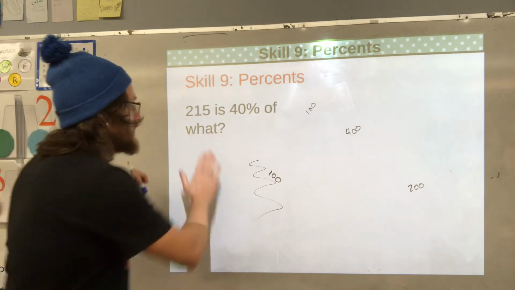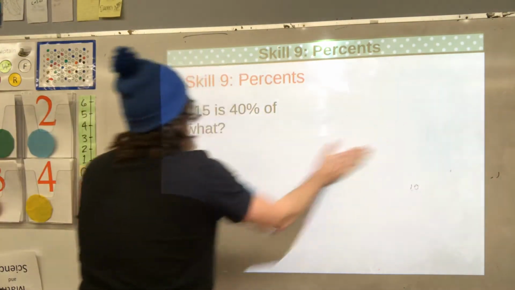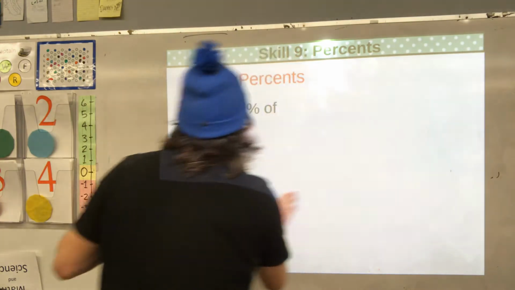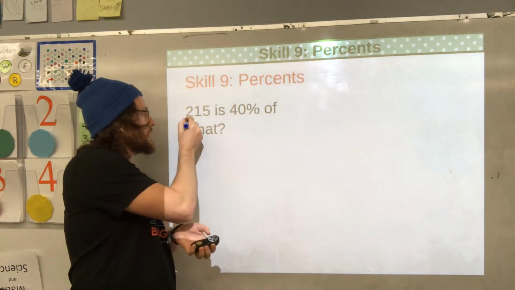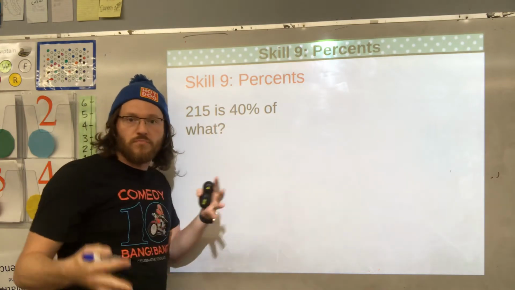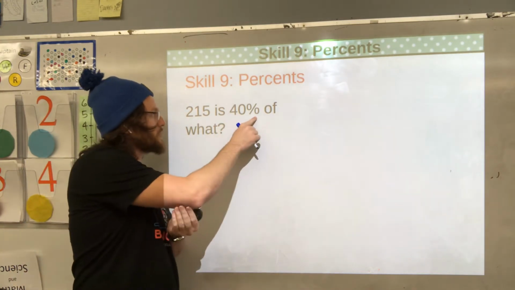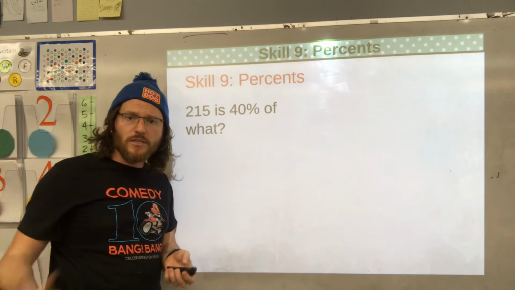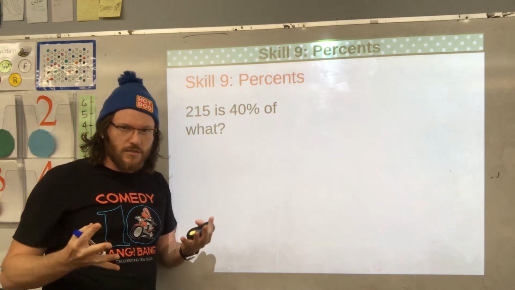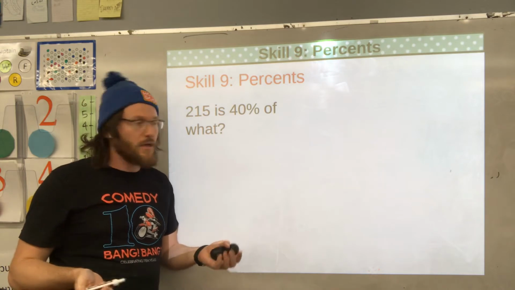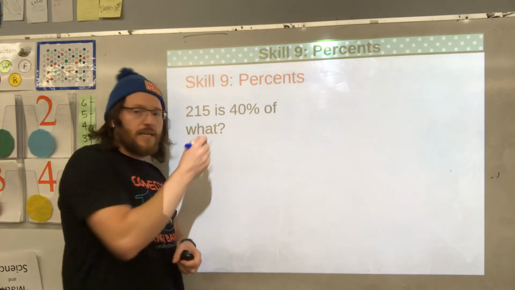First one is this one. 215 is 40% of what? Basically it's telling us that we have some number, and when we take 40% of that, we end up with 215. Yesterday I talked about how important it is to think first about what number we would expect. 215 is the 40%.